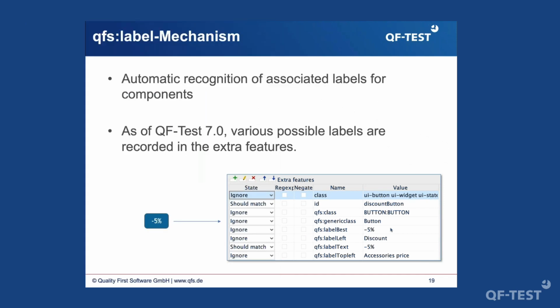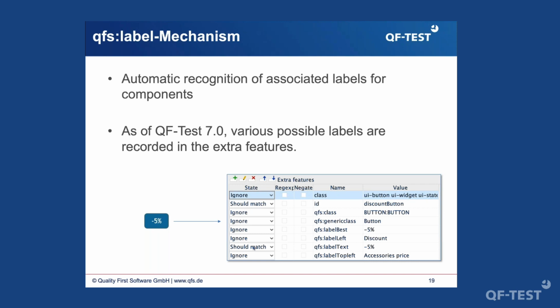And in this case, since it's obviously the best label for this button, QFTest is also setting this label best, which tells the user which out of all these labels we were using to identify this button in the best way. So this is then -5%, and this is then here automatically set to should match. So QFTest is then taking this value as the default to find the button.